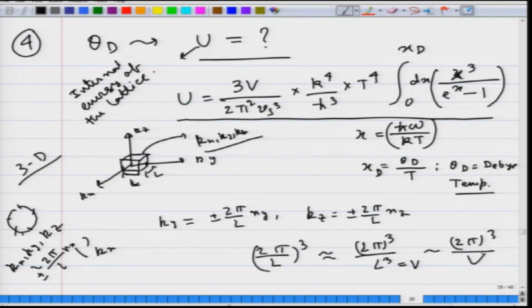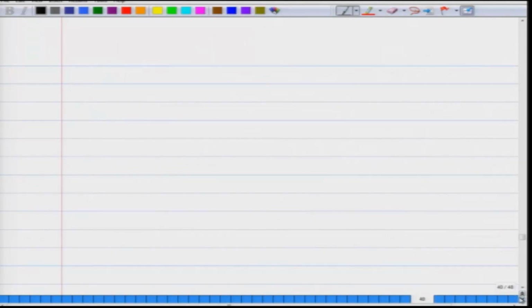So this is 2 pi cube by V. So here our total number of modes N will be as follows. This is your smallest part, and if we consider a sphere with radius k in 3D, how many of these small cubes are there?